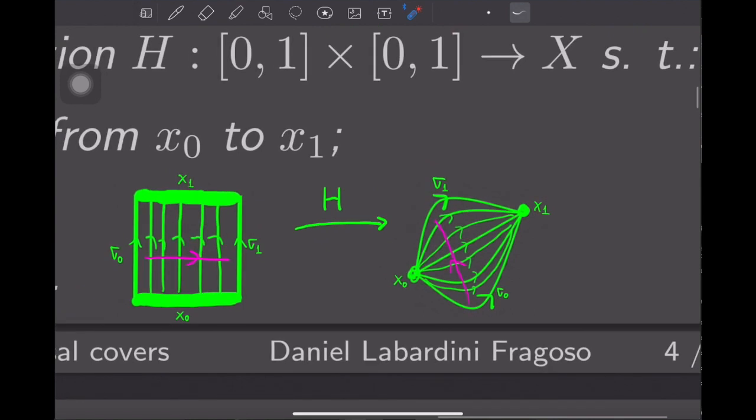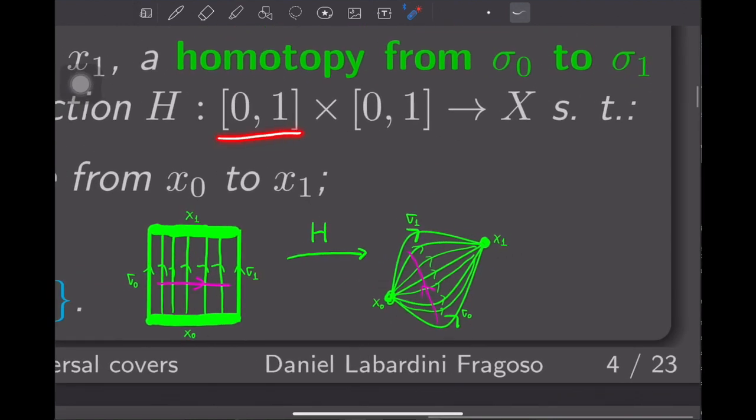And here is the picture. So since I'm thinking of the first coordinate as being time, somehow I'm thinking of the verticals as being the parameters of the intermediate curves. So this would be mapped to sigma naught, this to sigma 1, and then each intermediate vertical segment would be a curve from x0 to x1, and then I think of the deformation being parameterized here horizontally.